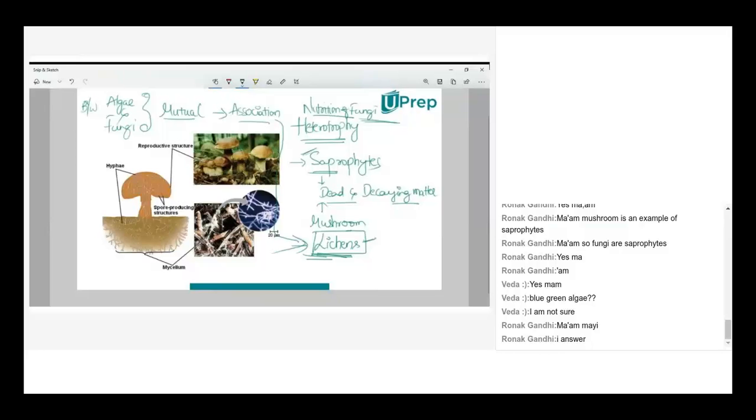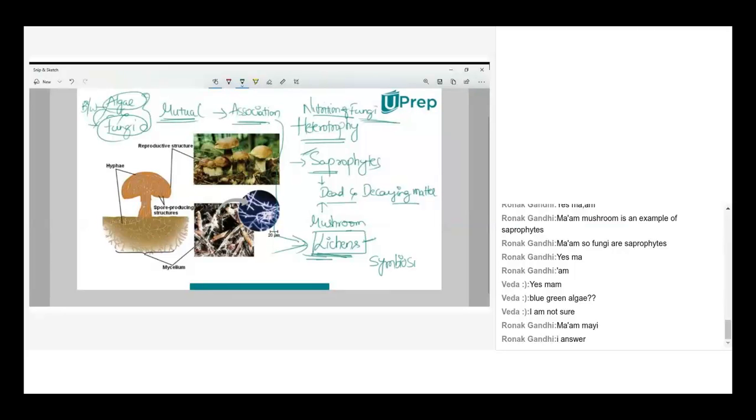It's a rough habitat where the algae and fungi come together and have a mutual association. Here mutual association means algae will depend on fungi and fungi will depend on algae for their continuation of life. This we call by the term symbiosis.